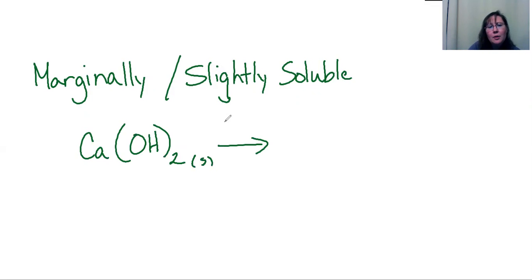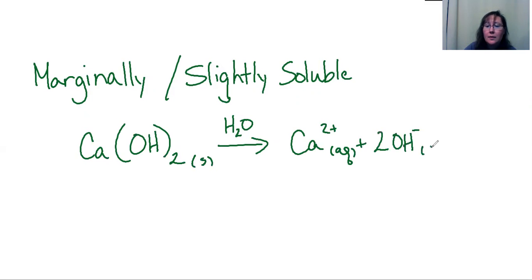It means that when we add calcium hydroxide to water, we will get some calcium ions, Ca2+, and some hydroxide ions. And this is really important: we will still get some solid calcium hydroxide.